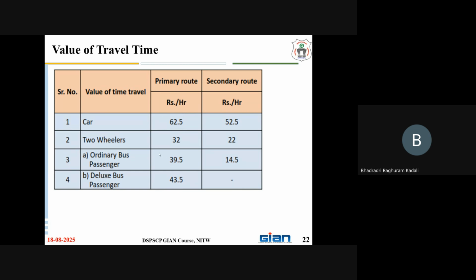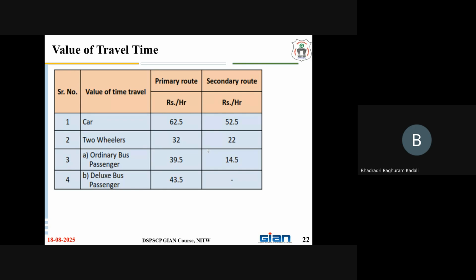In the same way we have the value of time for the other categories of vehicles, which is respective to the goods categories. Sometimes there are different categories of goods, such as perishable goods and others, and the quality of these goods may change.